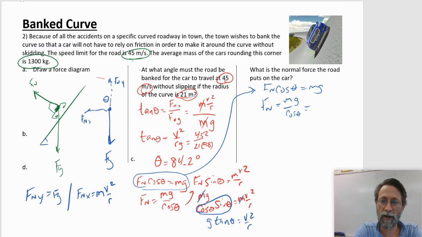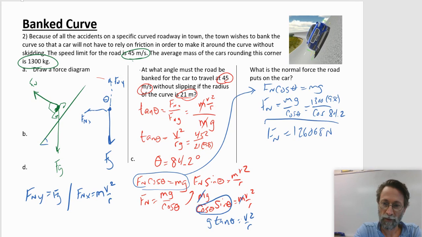So I can put my mass in, 1300, put in my gravity, 9.8, and divide that by the cosine of the angle we just found, 84.2. And when we do that, we end up with a normal force of 126,068 newtons. And that's how much force the road puts back on the car.